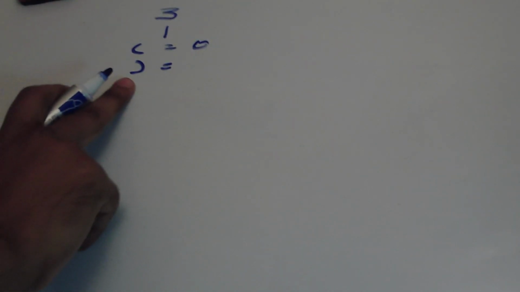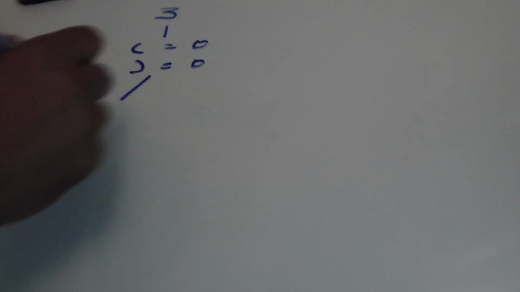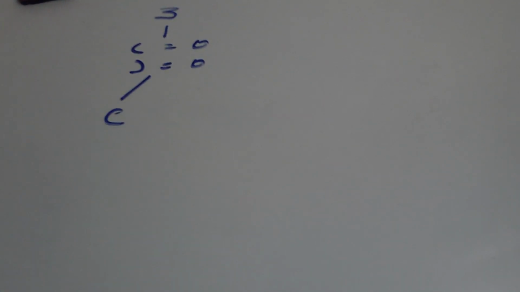Now assume the number is 3. At the beginning, the number of opening parentheses is 0 and the number of closing parentheses is 0. To make our string valid, we have to assign the opening parenthesis first, so we start with this.